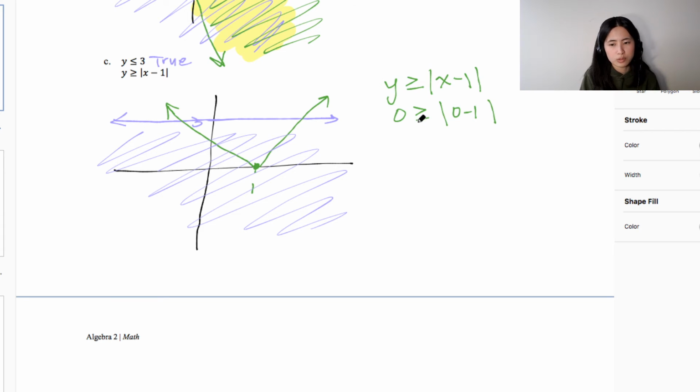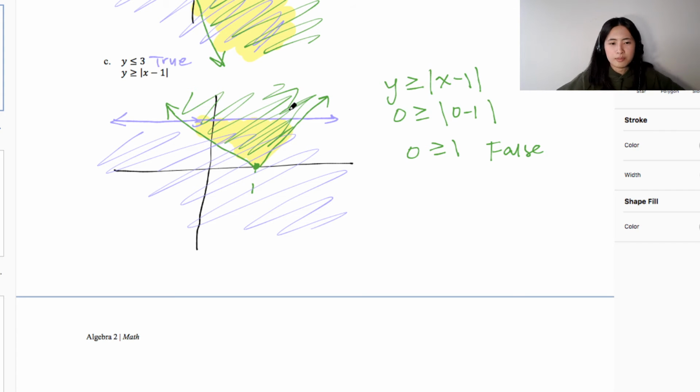We know that the absolute value of -1 is just going to be 1. And that's 0 greater than or equal to 1. So here's the question: you know that this is false, right? That means you cannot shade 0 comma 0. So that means you're shading this part. As you can see, the one that overlaps is basically just this little triangle over here. So that's your solution.